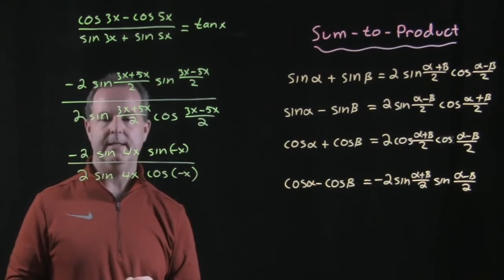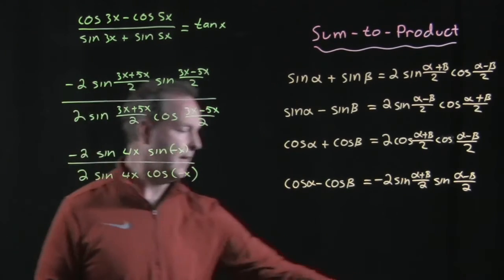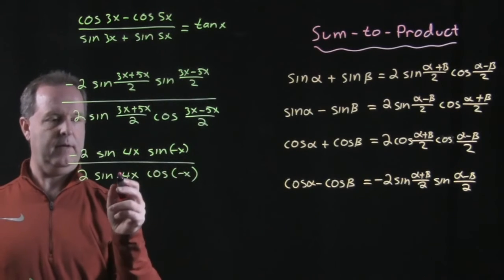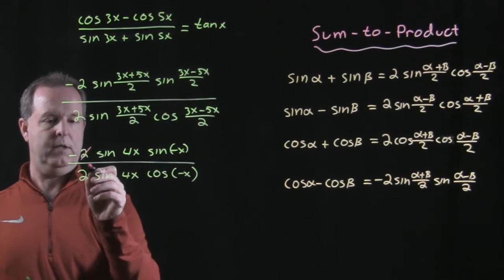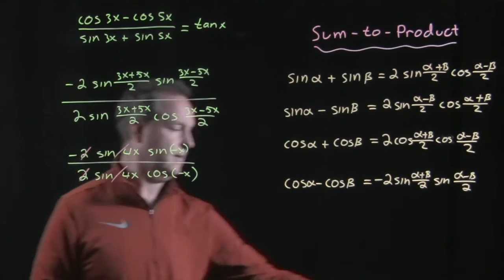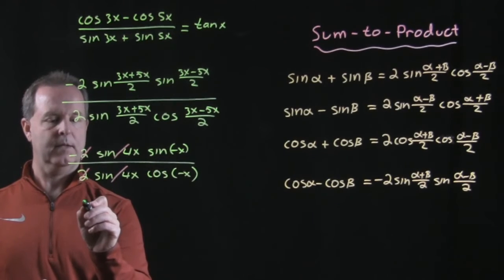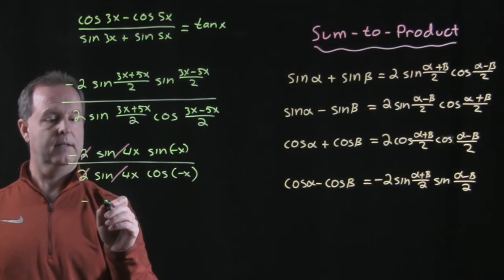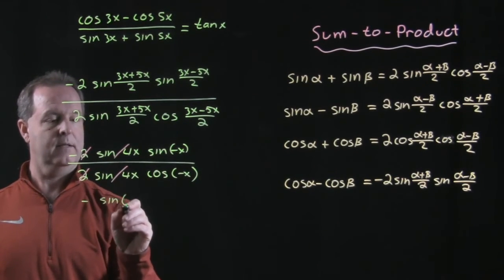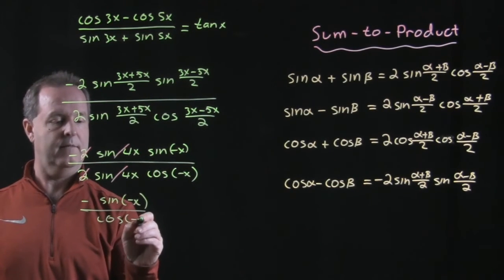What are some things I can do right now? There are a couple. I can factor out this 2 and that 2, and this sine of 4x and that sine of 4x. So let's clean it up: negative sine of negative x all over the cosine of negative x.